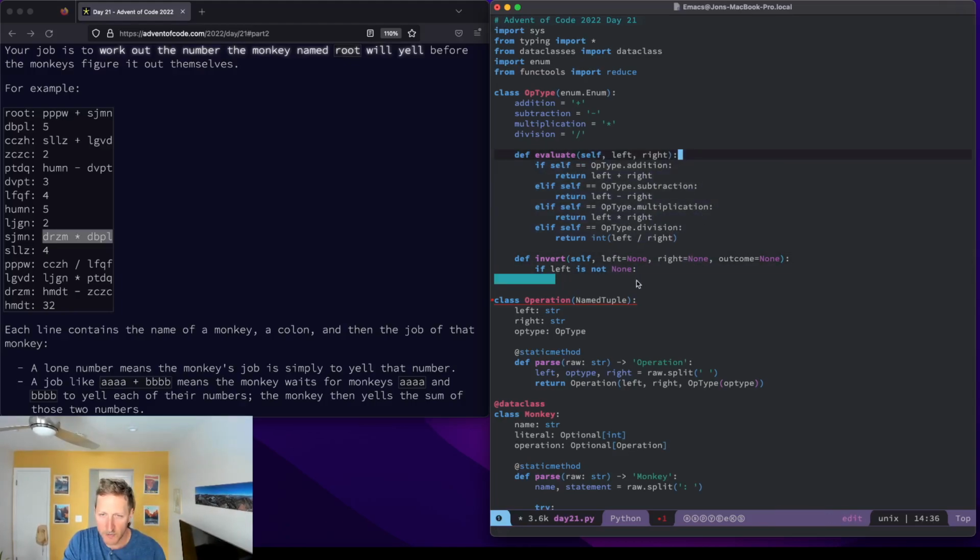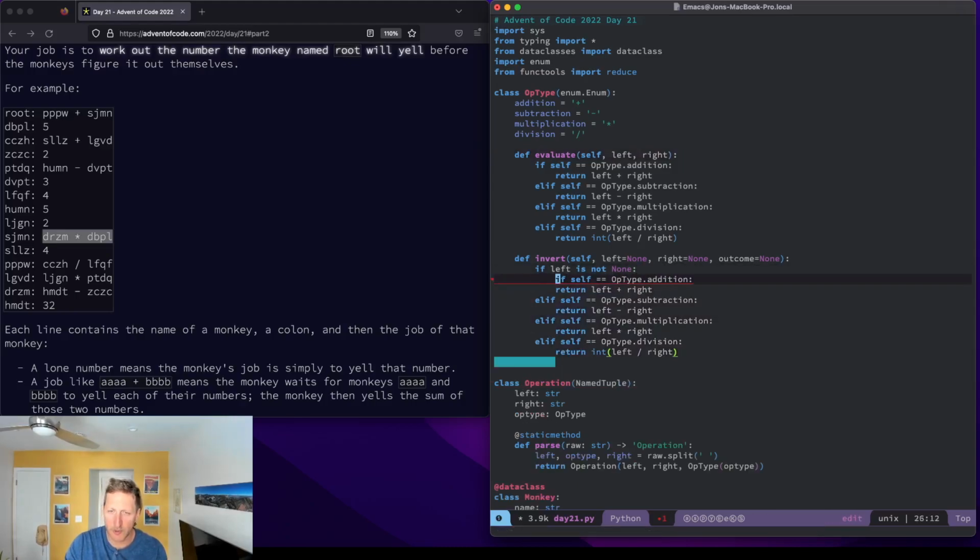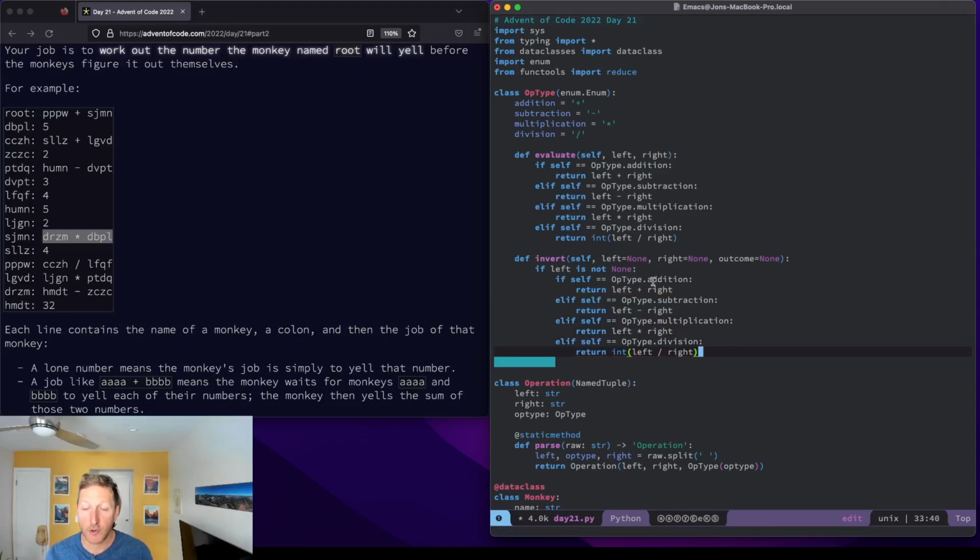We can probably do this a little faster, but let me first start by doing this. If it's addition, then we just do outcome minus left, right?